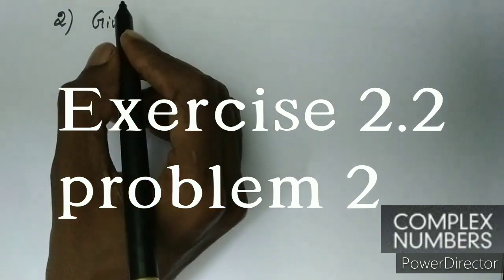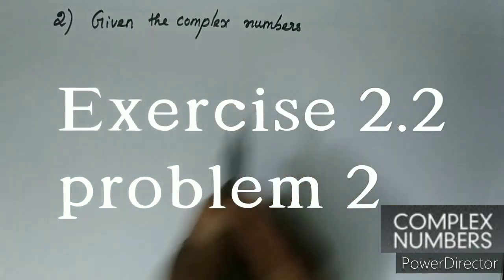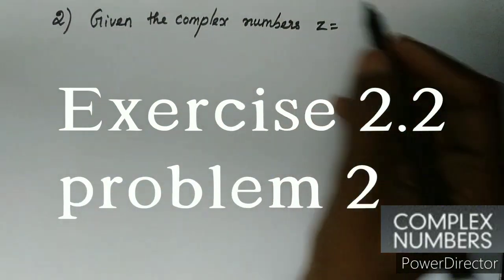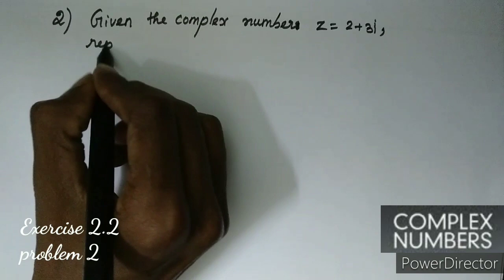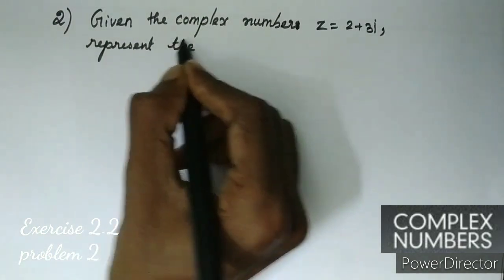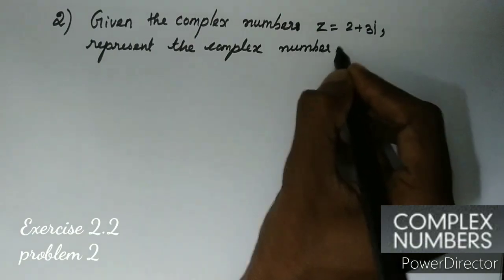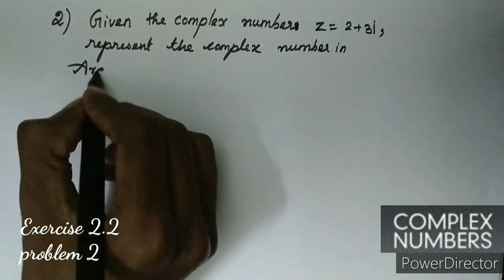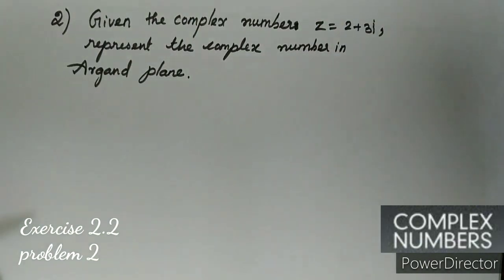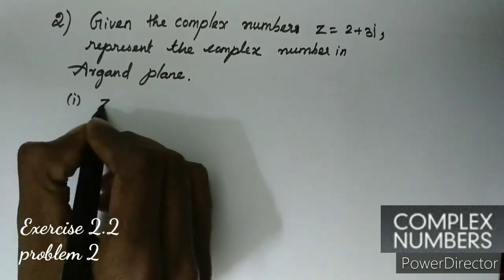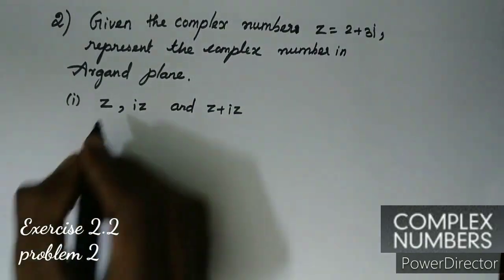Now exercise 2.2, problem number 2. Subdivision number 1: z, iz, and z plus iz.